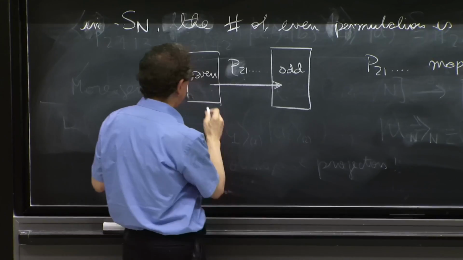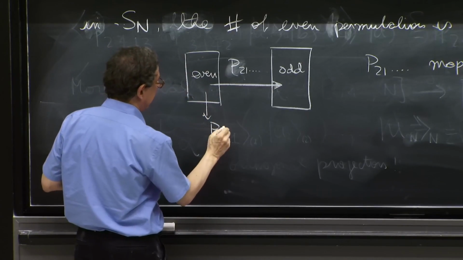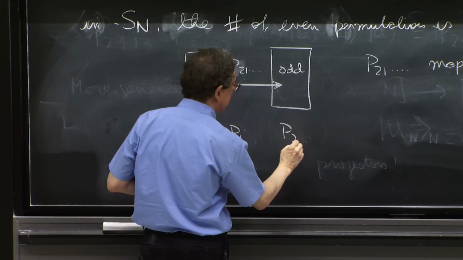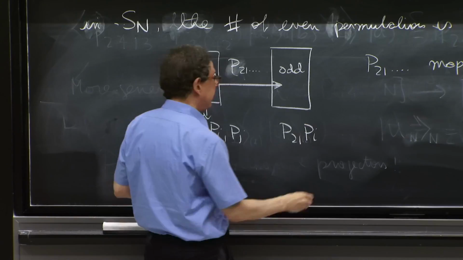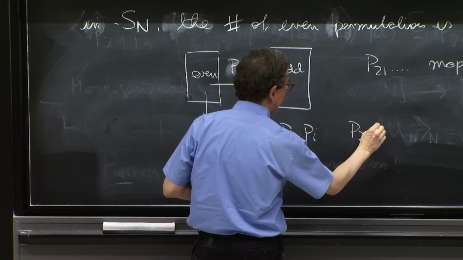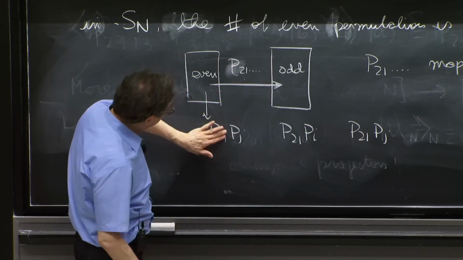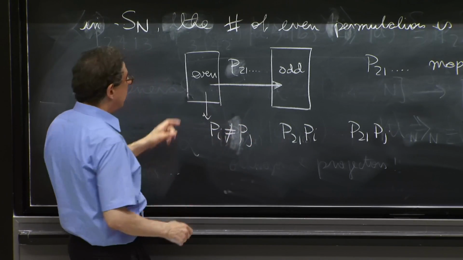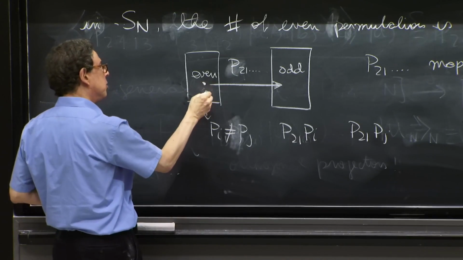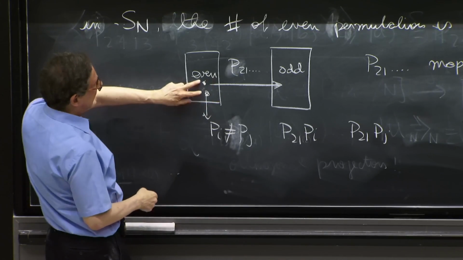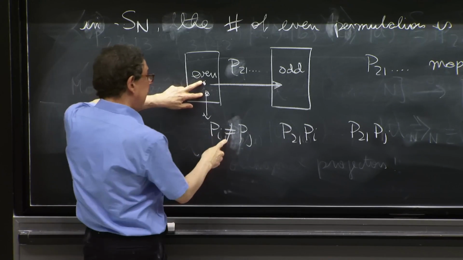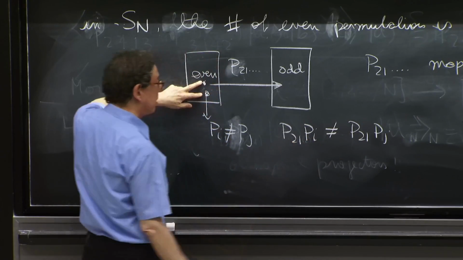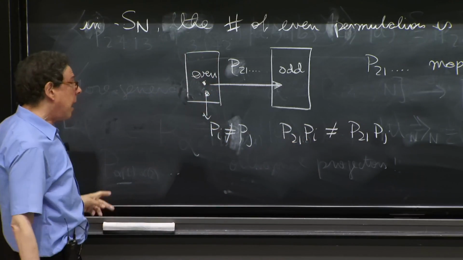Why? Because suppose you have here Pi and Pj, 2 permutations. One is mapped to P21 Pi, and the other is mapped to P21 Pj. But if Pi and Pj are different, then it follows that these 2 are different as well after you multiply them by P21. Why?